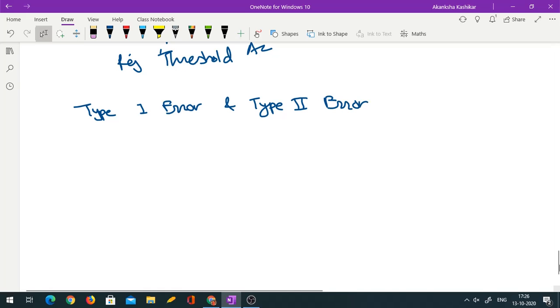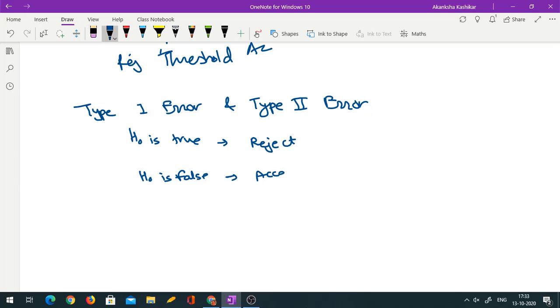Okay. So what are these two types of errors? There are two possibilities. H0 is actually true, but we end up rejecting it accidentally. And the other possibility is H0 is actually false, but we end up accepting it, or not rejecting it.